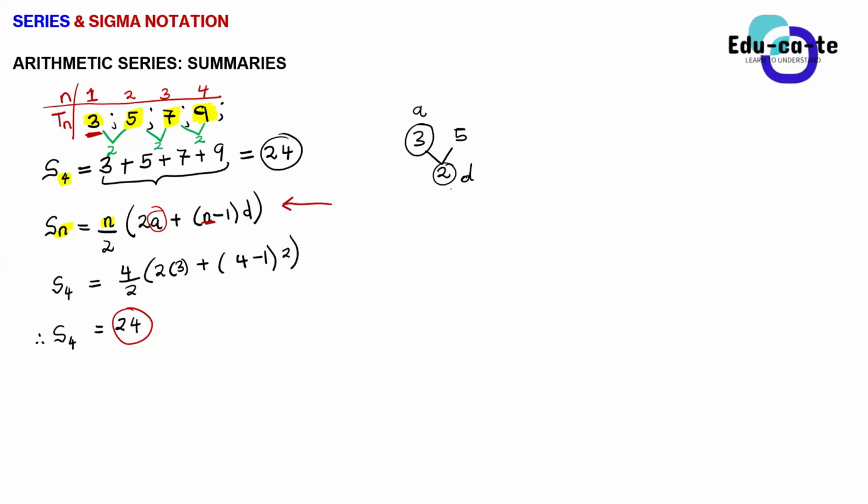Now we need to know how to represent that in sigma notation. So basically the sigma notation has got 3 things. You guys need to know the elements of a sigma notation. This symbol sigma is used to show that we are doing a sum, or we are adding a certain number of things.